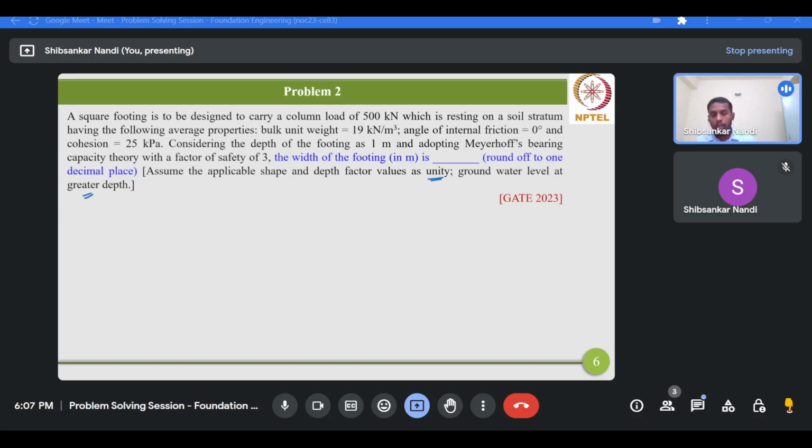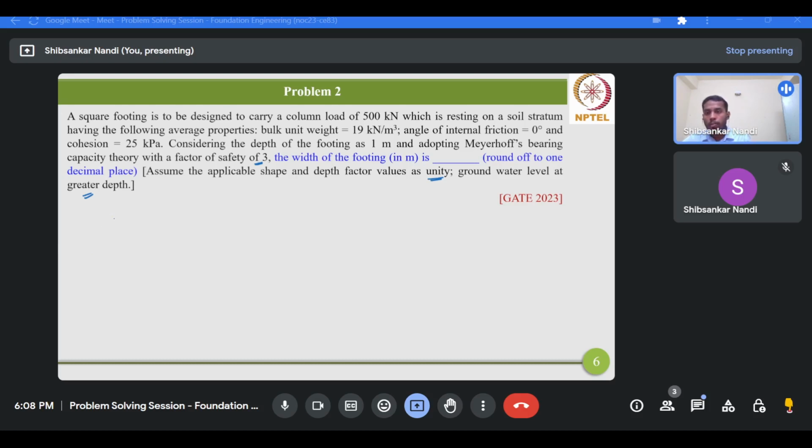The main objective of this problem is to determine the dimension of the square footing which can sustain this column load of 500 kilonewton with a factor of safety of 3, and here we have to employ Meyerhof's bearing capacity theory. Now we'll see how to solve this kind of problem.